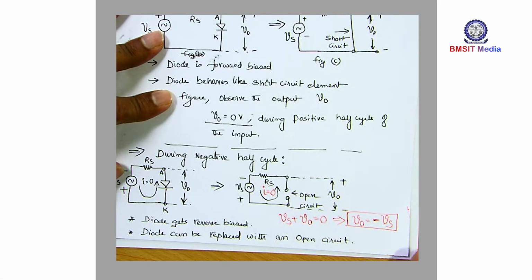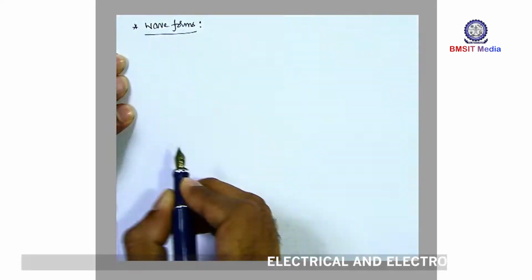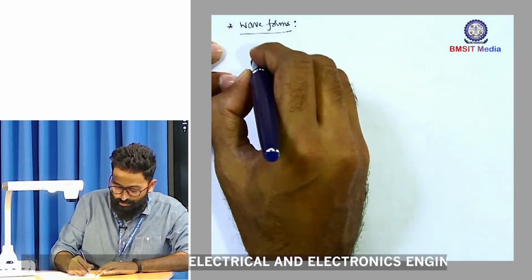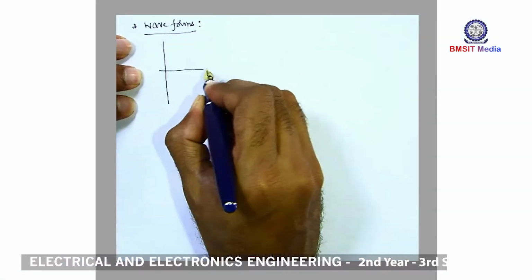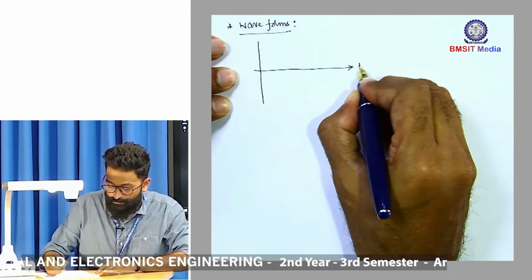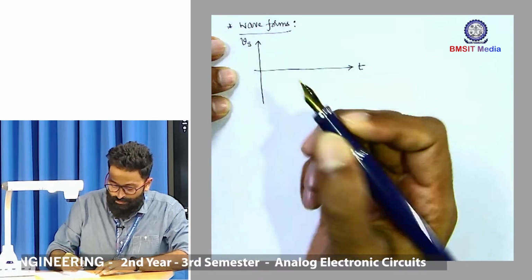Now let's try to plot input and output waveforms. Okay, so first let me plot the input waveform. This is your time axis and this is your input.